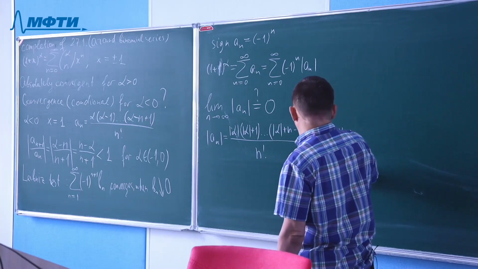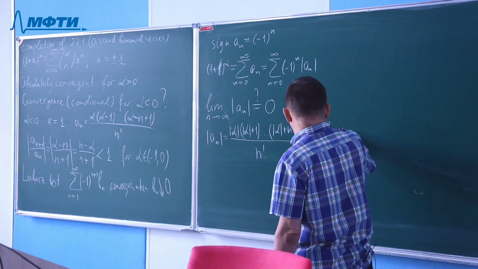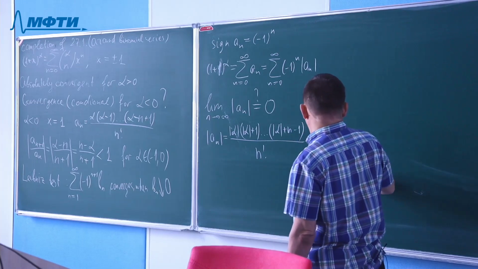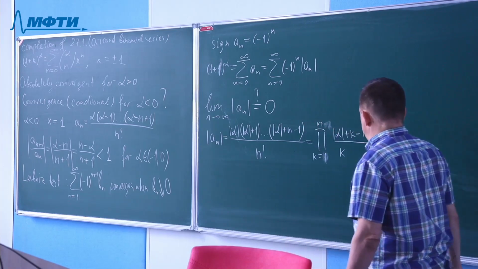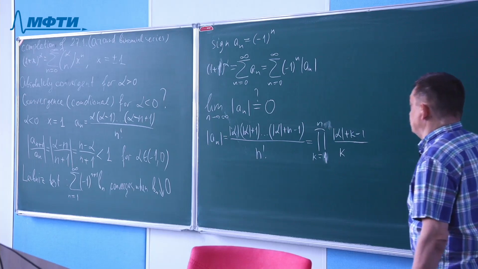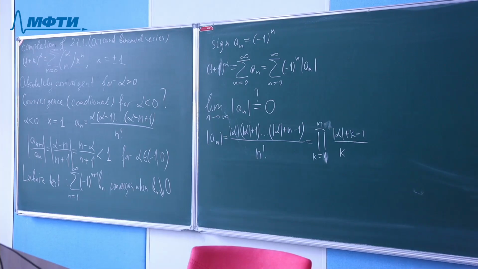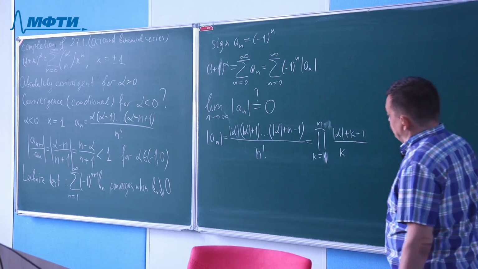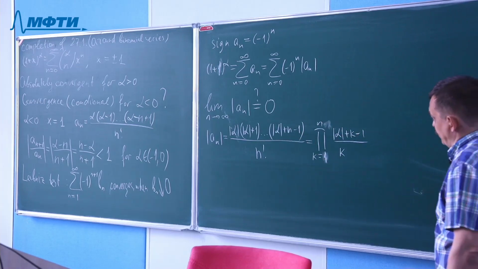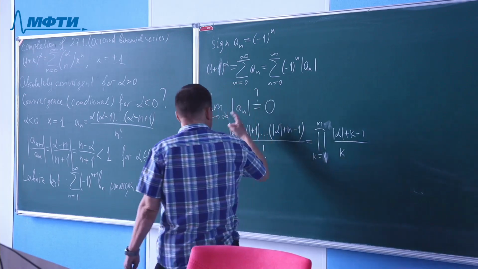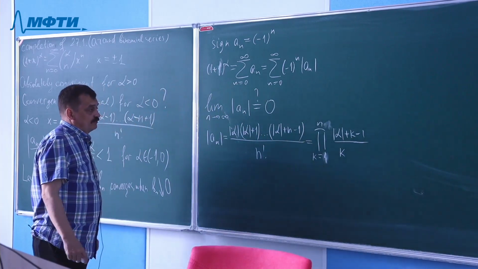Oh, sorry, from 1 up to n, and then k minus 1. That is better. That is the expression for our modulus of An. So the question is if this product tends to 0.